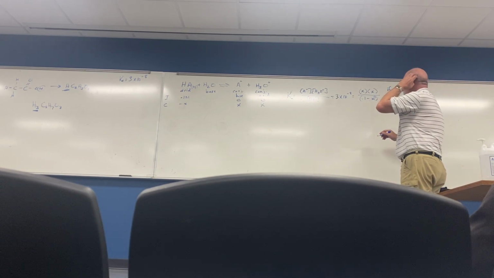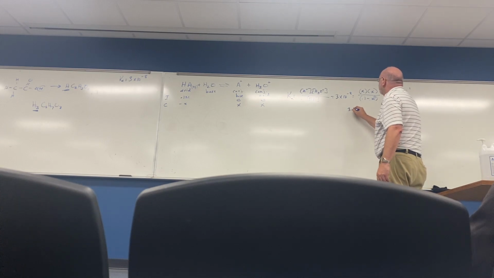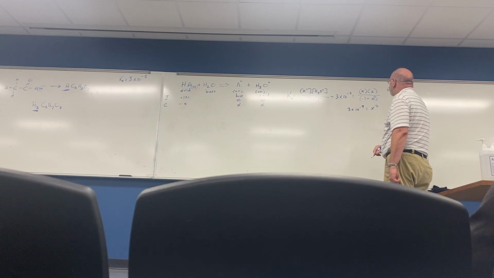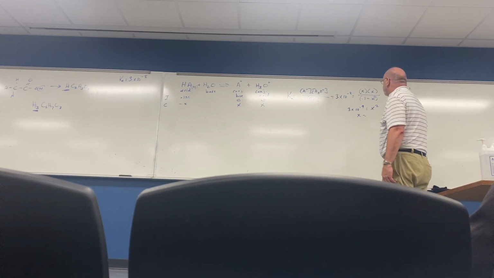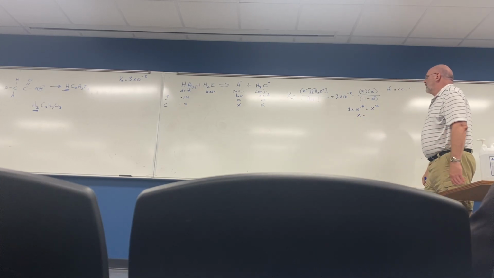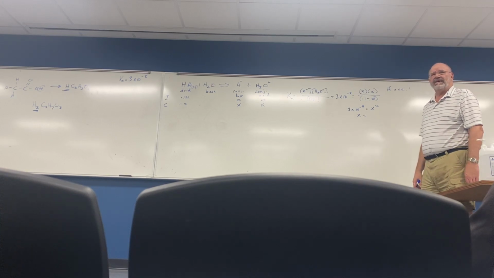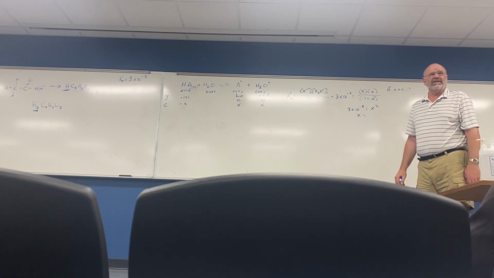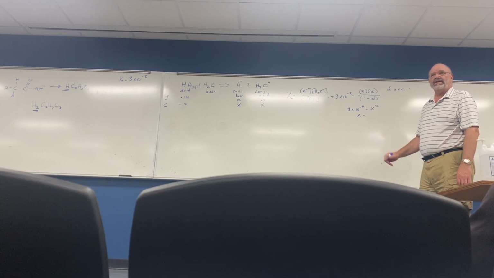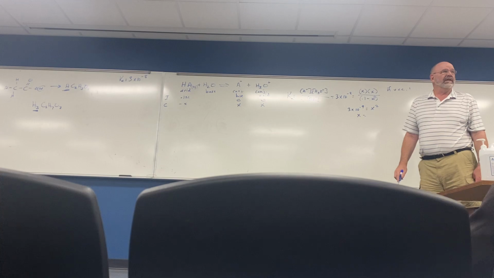So, what do we have here? 3 times 10 to the minus 9 equals x squared. Square root of 30, that's like 5.5 or something. So like 5.5 times 10 to the minus 5, something like that. Why is it x to the 7? What?